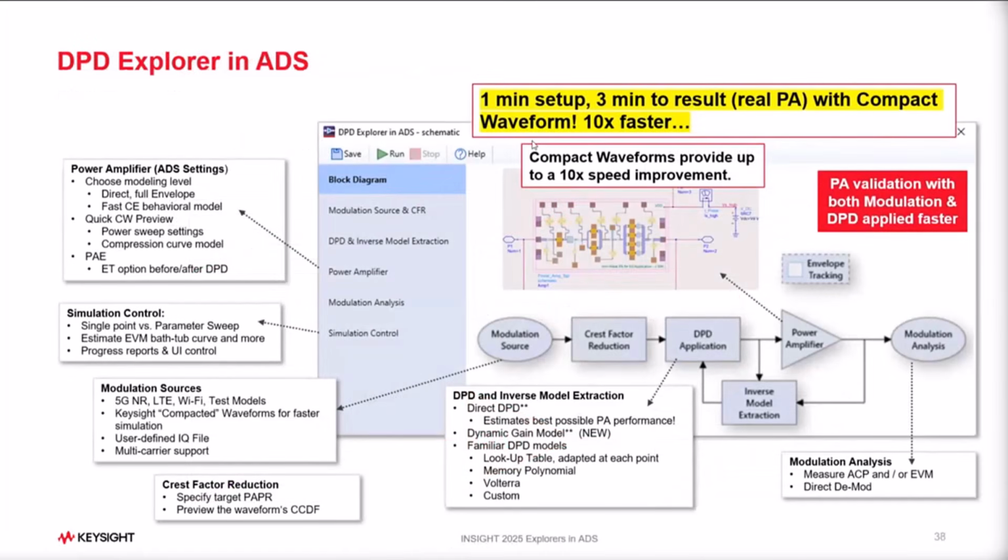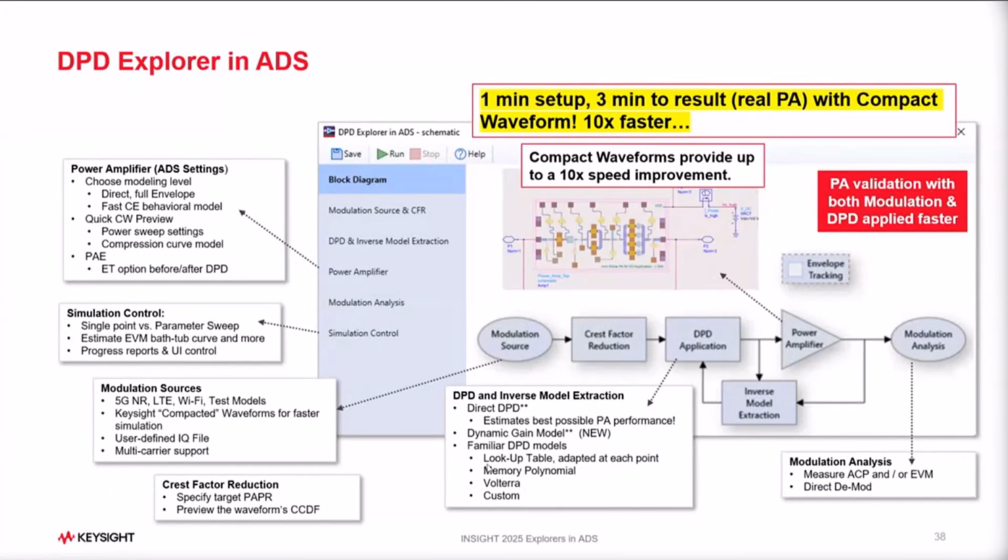Now, how simple, how difficult? Very, very simple. Exactly like Modulation Explorer, you have this kind of user interface. You can choose your amplifier setting. You can generate your own modulation source, exactly the same types of things you can do in Modulation Explorer. You can apply different DPD model extraction mechanisms, because sometimes you do DPD for a mobile phone. Now in a mobile phone, you cannot do the same thing that you can do with a base station.